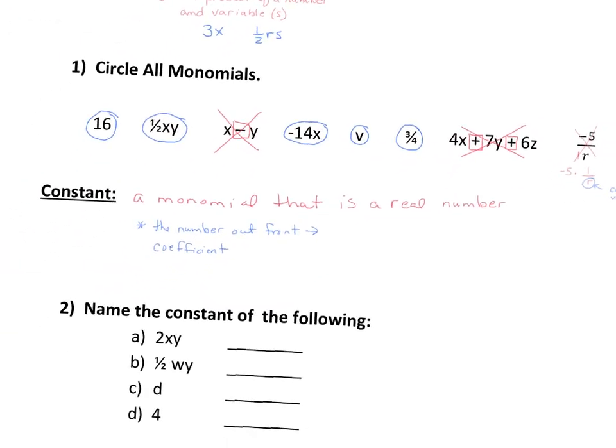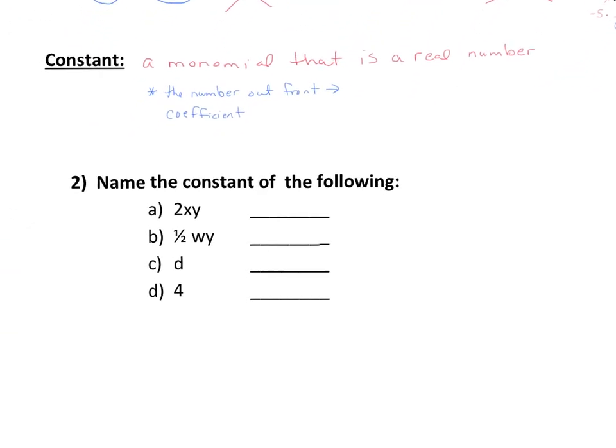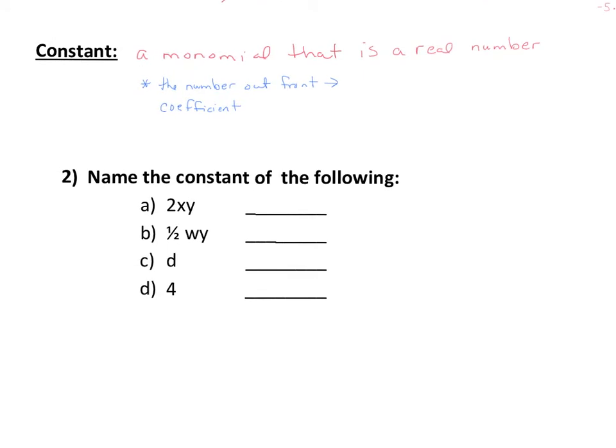All right, so our next vocabulary word is constant. It's a monomial, so that's a number, a variable, or the product of a number and variable, that is a real number. Okay, so the number out front is called a coefficient. So constant and coefficient, these two are kind of saying the same thing. It's just talking about the number out front. So when it says name the constant, well, when I look at the constant here, this is just a 2. 2's out front.